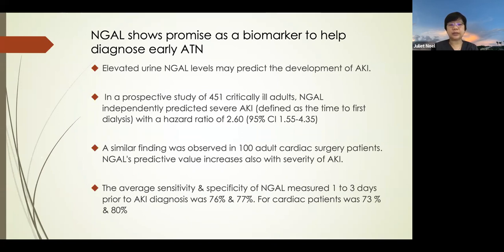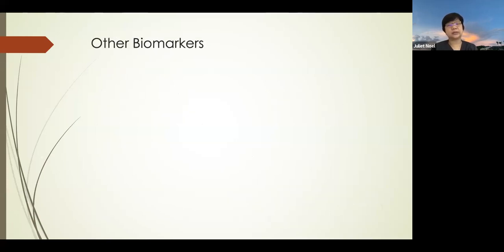It even predicts AKI 1 to 3 days prior to the diagnosis of AKI. So we are hoping that it might help, but the problem is still the cost, and there's still no standardization. So we're waiting for more studies and more improvement to the measurement.